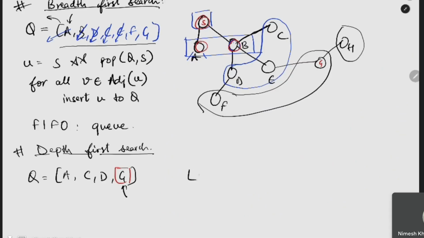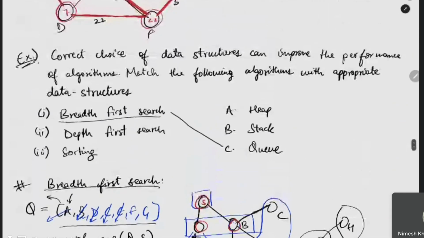And the type of queue that it maintains is a LIFO, right? Last in is the first out, and this is a stack data structure. So for DFS we use a stack, because stack is better for DFS.